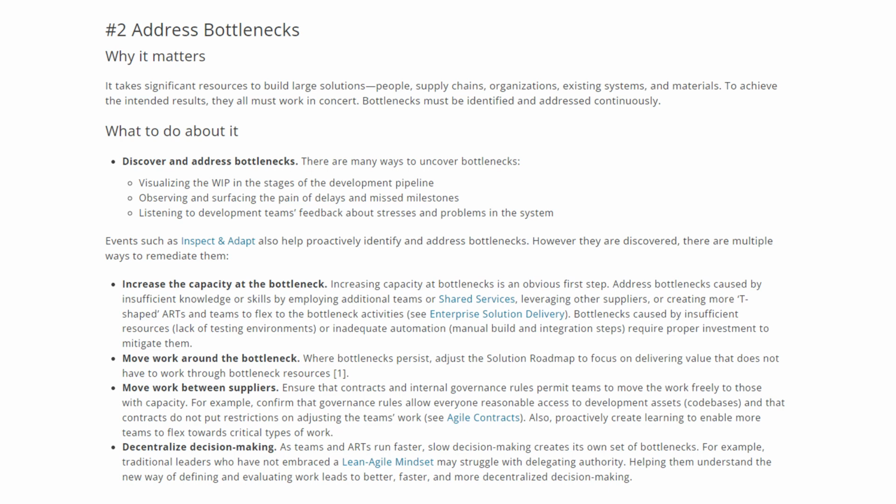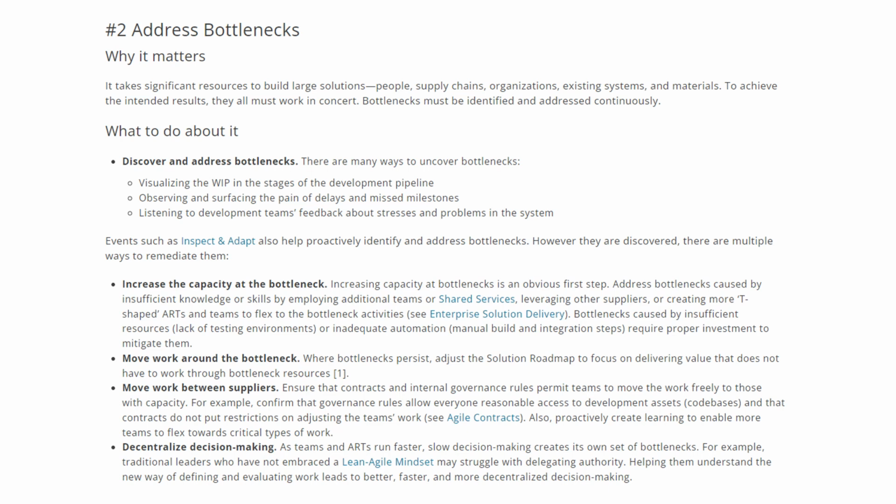For example, confirm that governance rules allow everyone reasonable access to development assets like code bases, and that contracts do not put restrictions on adjusting the teams' work. Also, proactively create learning to enable more teams to flex towards critical types of work.